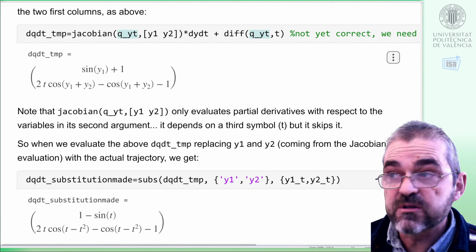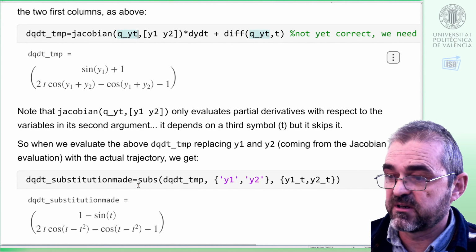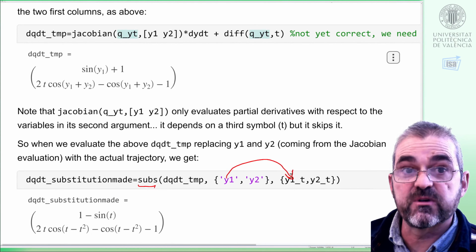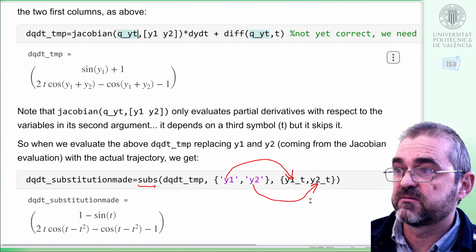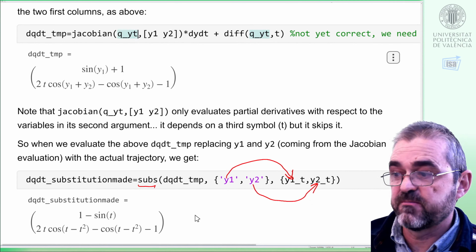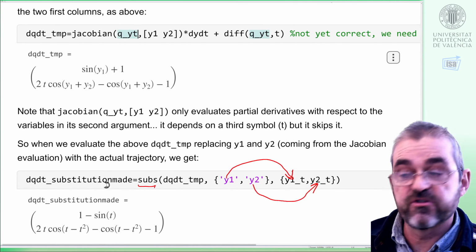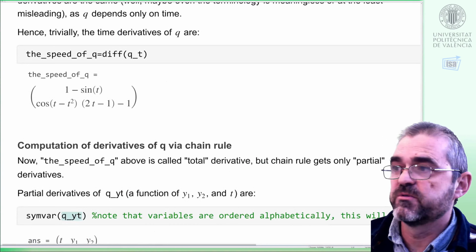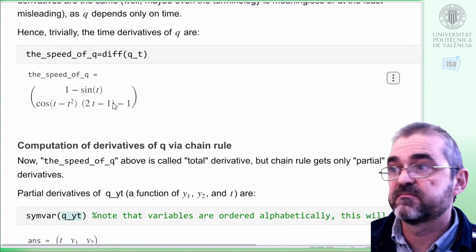So after multiplying the Jacobians, we need to do a symbolic substitution and replace y1 by its actual explicit expression of time, and y2 as well. So once I replace y1 and y2 by the expressions of time, then I have this total derivative substitution made, and this is exactly equal to the speed of Q we're actually trying to reach.